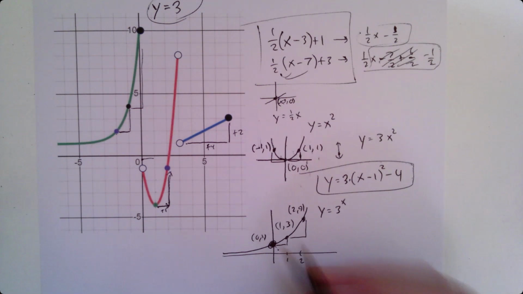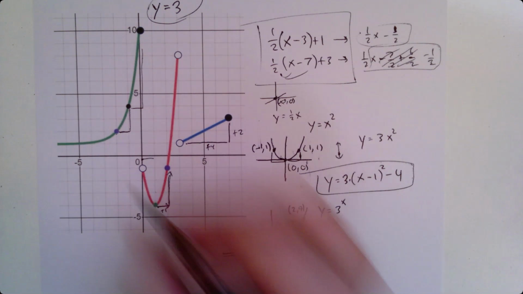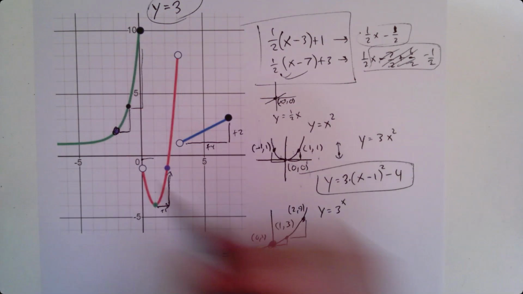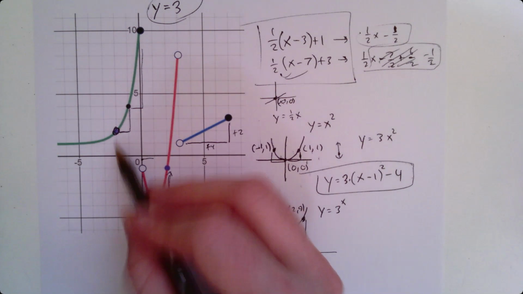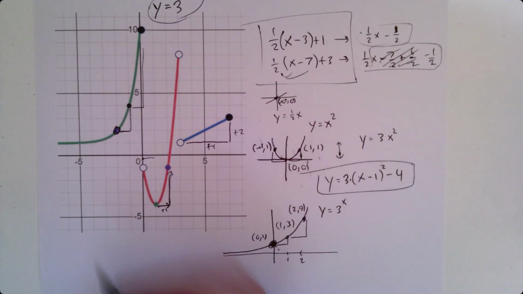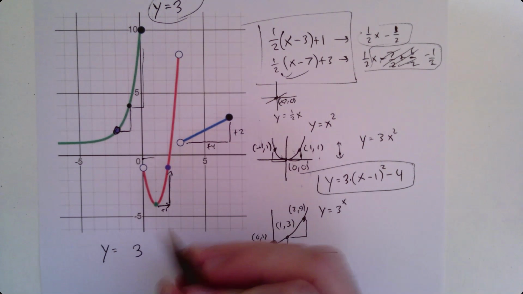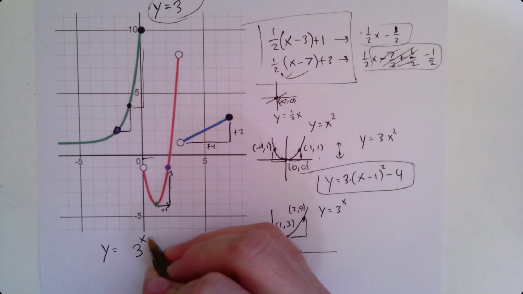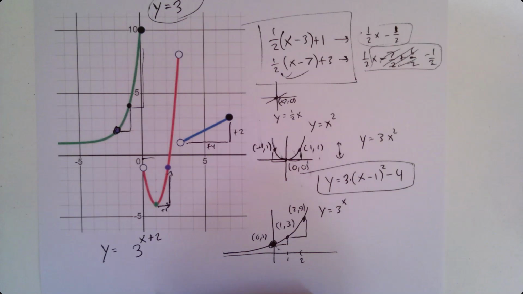I can see that the point at 0, 1 got shifted to become this point here. So it must be shifted left by 2, up by 2. So I'll start with the parent function, except then I'll shift it left by 2, and then up by 2. A lot of people are still mixing up their horizontal and their vertical transformations.